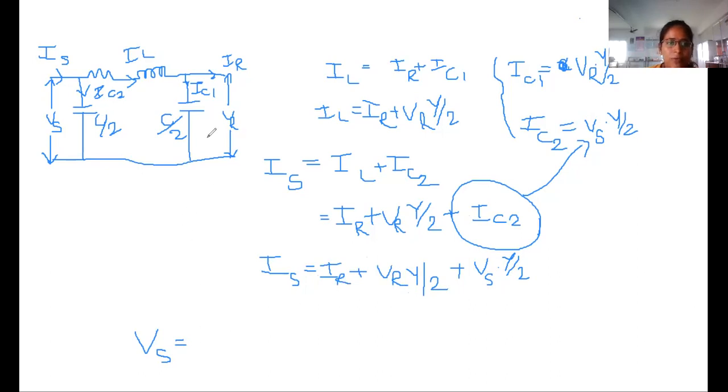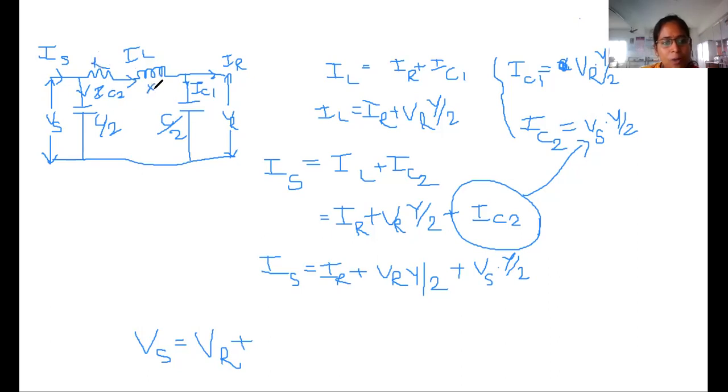Sending end voltage Vs equal to receiving end voltage plus drop. So Vs equal to VR plus drop. The drop occurs across the parameters R and XL.